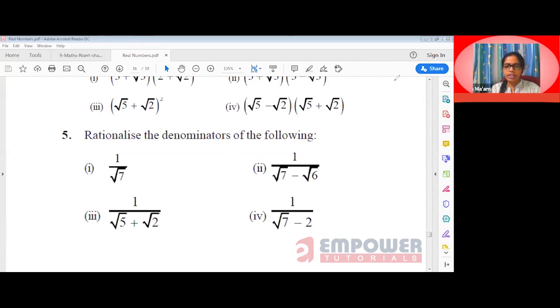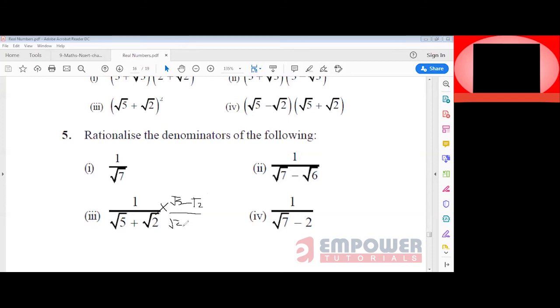Tell me the next one. 1 upon root 5 plus root 2 into root 5 minus root 2 upon root 5 minus root 2. Very good, which is equal to root 5 minus root 2 upon 5 minus 2. Okay, so don't skip your steps.